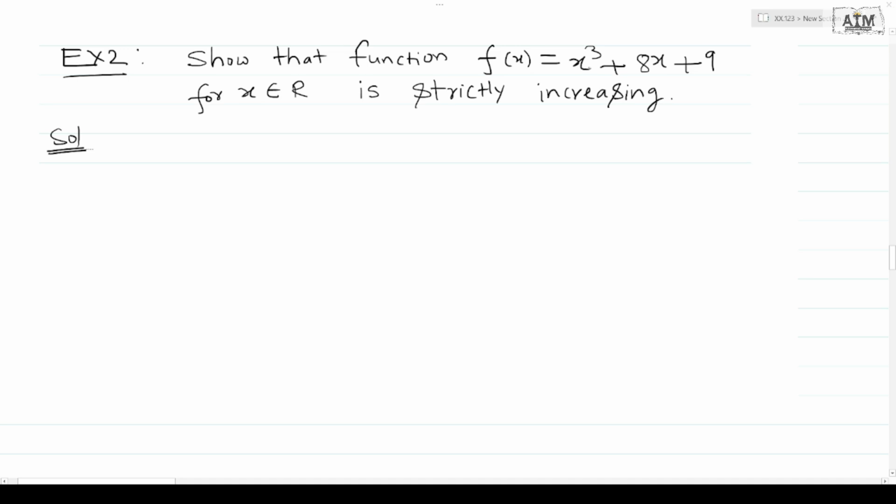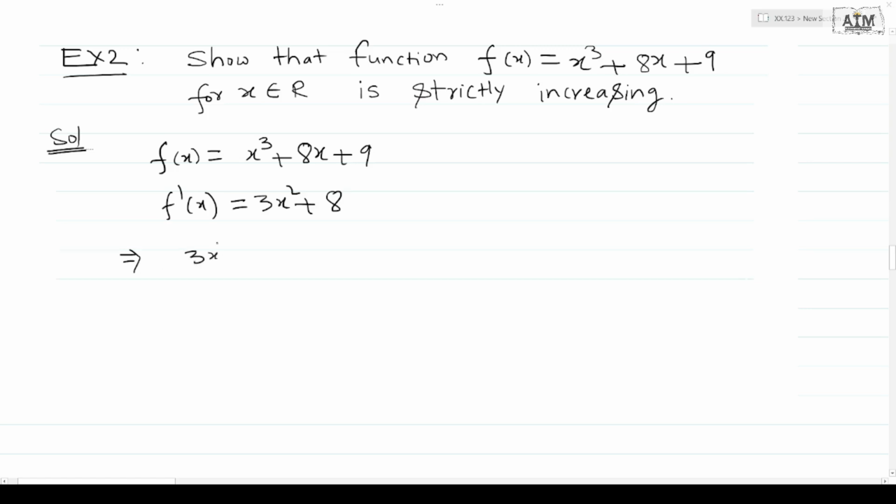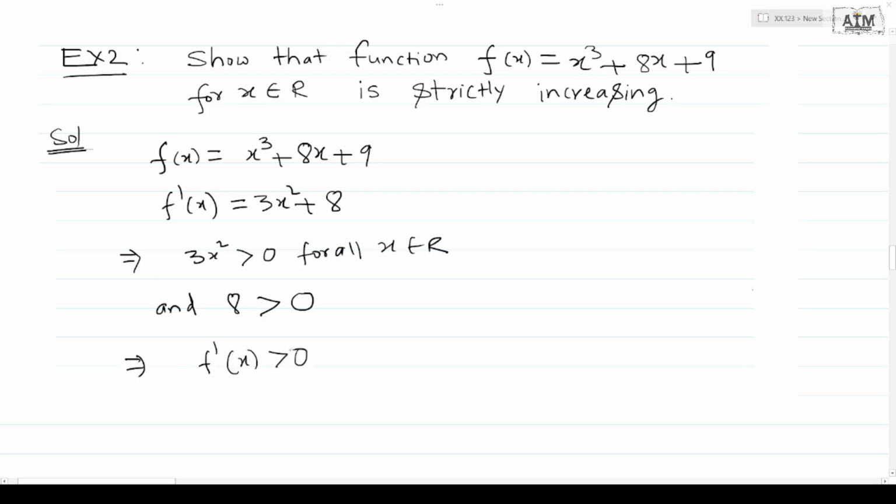We have the function f of x equals x cube plus 8x plus 9. f dash x equals 3x square plus 8, implies 3x square is greater than 0 for all x belongs to R, and 8 is also greater than 0, implies f dash x is greater than 0.